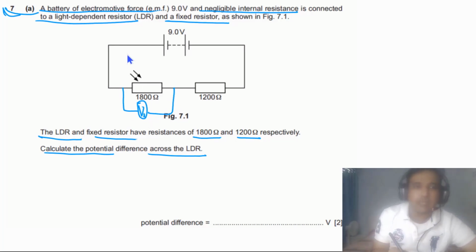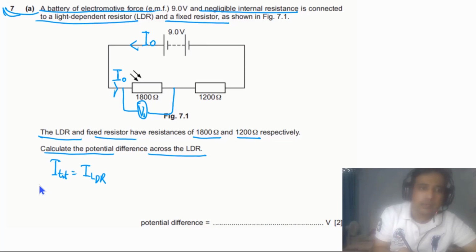So if you look at this circuit, imagine that current I naught is coming from the power supply. So this is the total current in the circuit, and current passing through this LDR is also the same. So we can compare I total, this is equal to the current passing through LDR, and total current in the circuit, we can simply say the EMF divided by the total resistance in the circuit, that is equal to 1800 plus 1200.